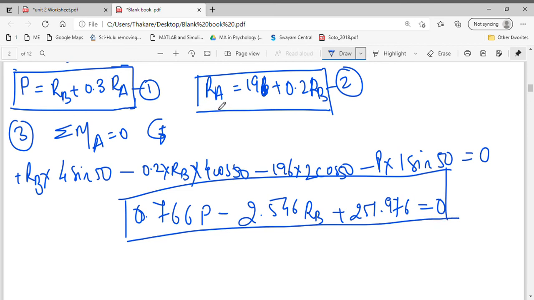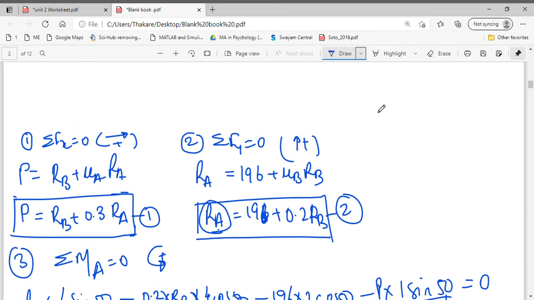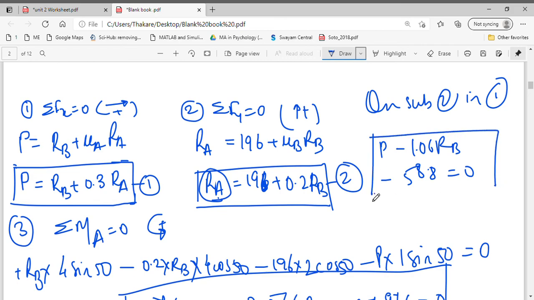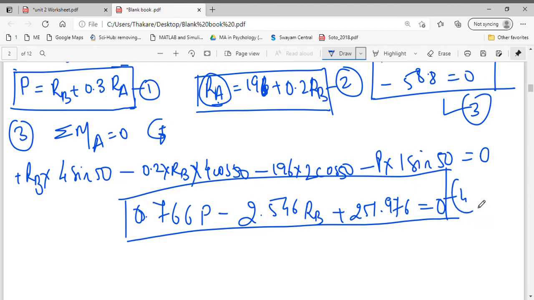On substituting the value of Ra, on substituting 2 in 1, we will get P minus 1.06 Rb minus 58.8 equals to 0. This is your equation 3 and this is your equation 4.